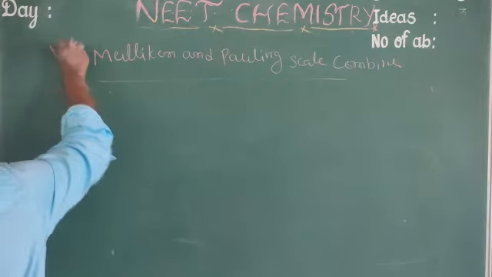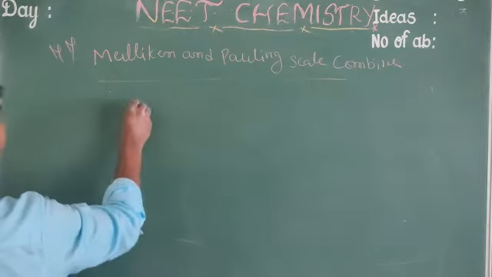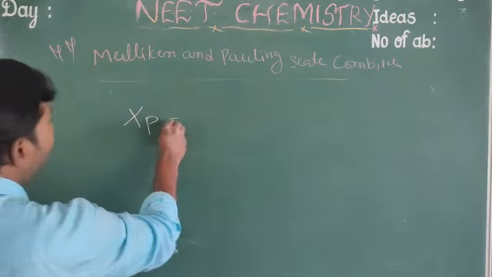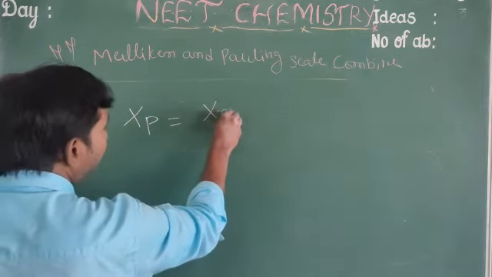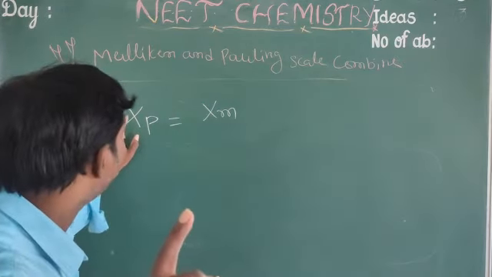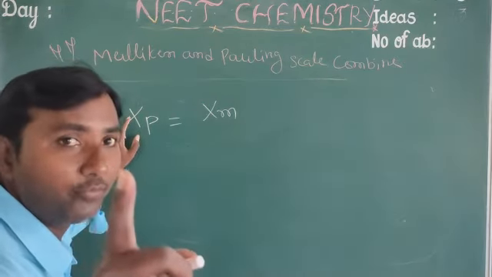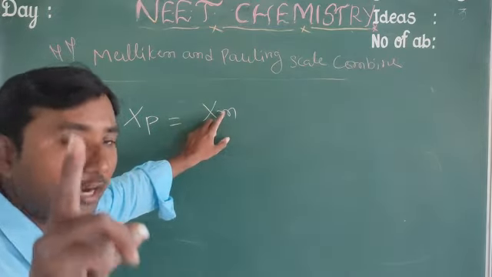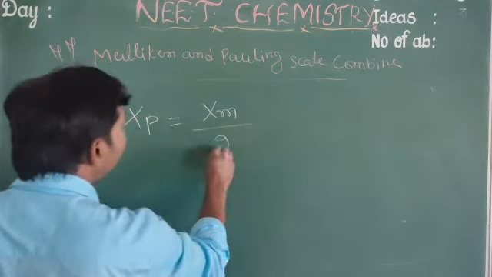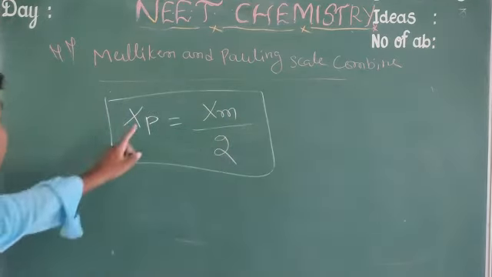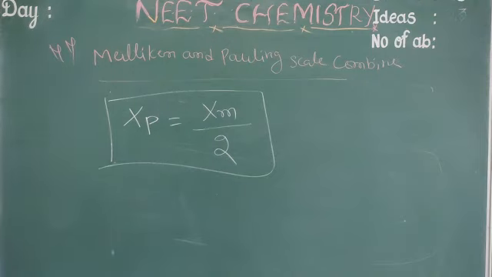XP, the Pauling scale of electronegativity, equals XM, the Mulliken scale of electronegativity, by 2. Okay, by 2.